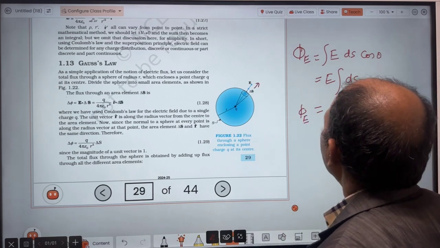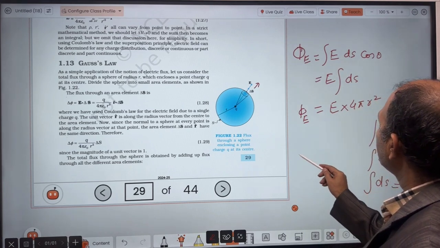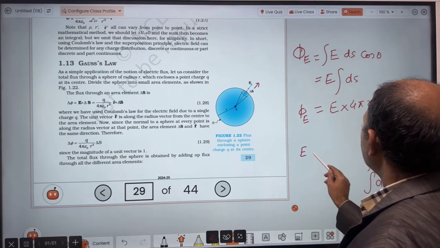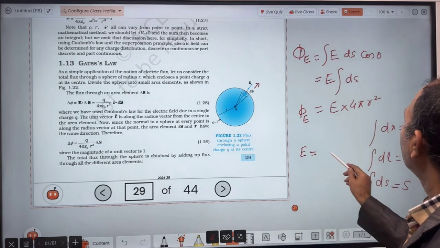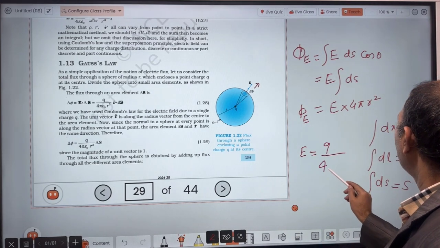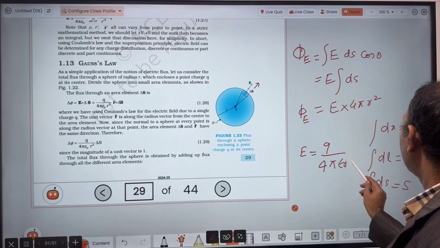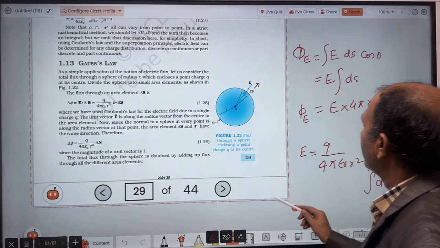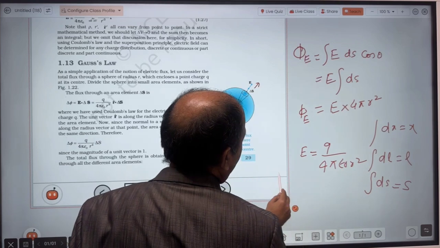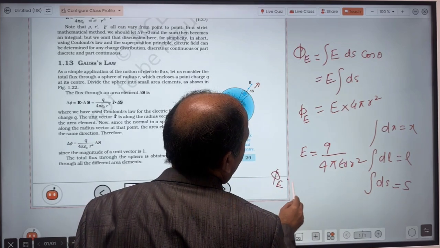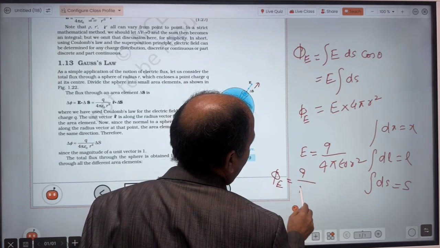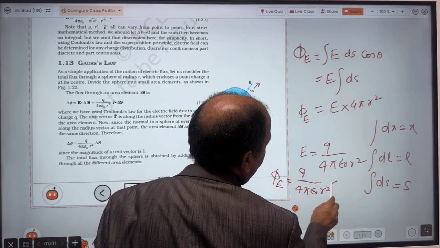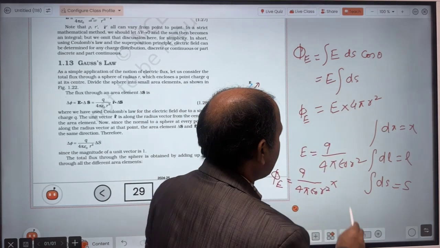But if you remember, the electric field due to charge q at a distance r will be equal to q divided by 4 pi epsilon naught r square. So if you put this value here, what do you get? You will get phi E equals q upon 4 pi epsilon naught r square times 4 pi r square.